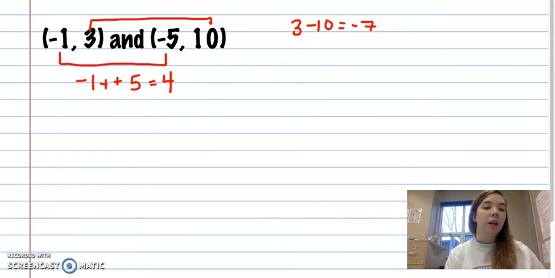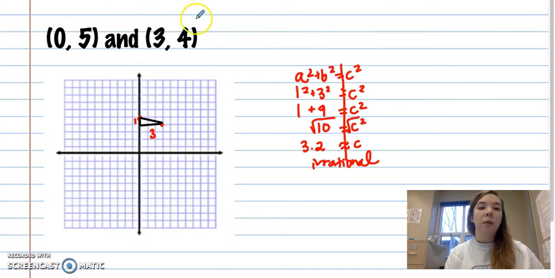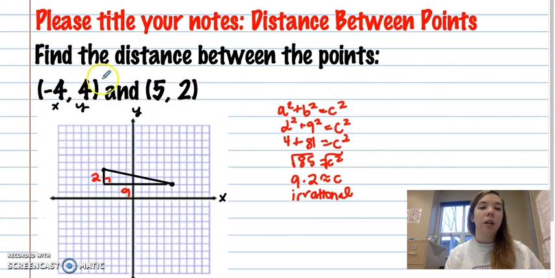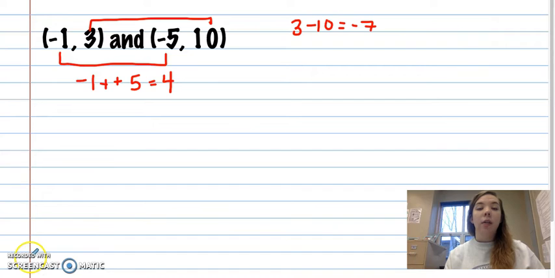If I had done that on these problems, here I would have gotten 1, and here I would have gotten 3. Or on this one, if I subtract here, I would have gotten 2. And here, if I subtracted, I would have gotten 9. So you don't need the picture to show you that. You can just subtract instead. Now the key here is you have to be careful when you subtract, okay? If you make an error here, then the whole rest of your problem is going to be incorrect.